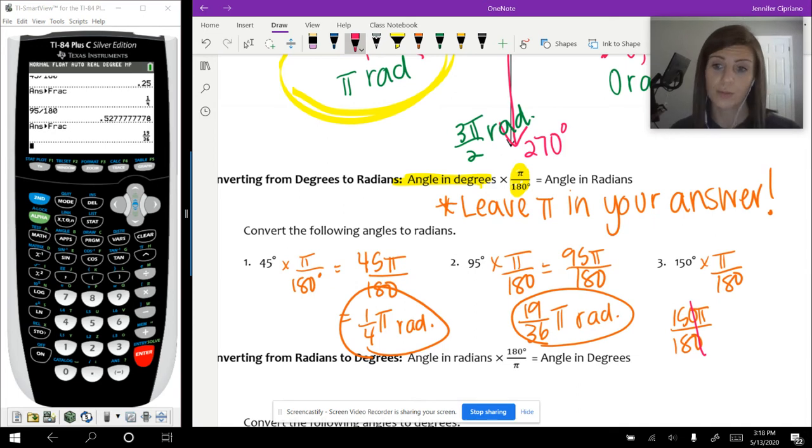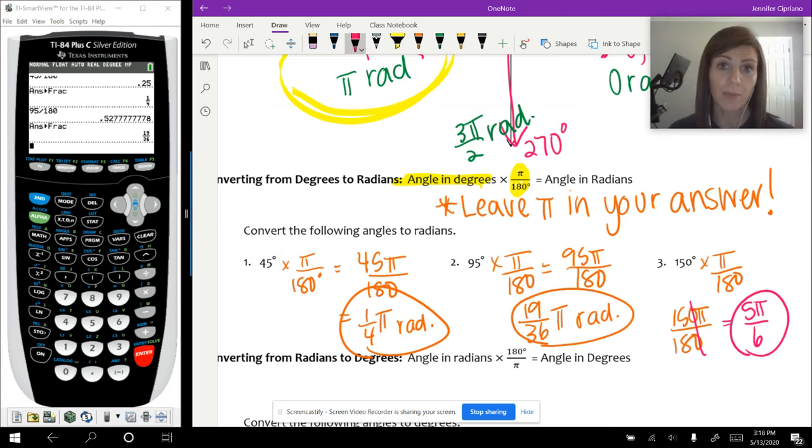I could divide both of those by 10, and then 15 over 18, both of those are divisible by 3. So this would be 5 pi over 6. So if you don't have a graphing calculator that'll automatically simplify, then you just have to simplify the fraction on your own.